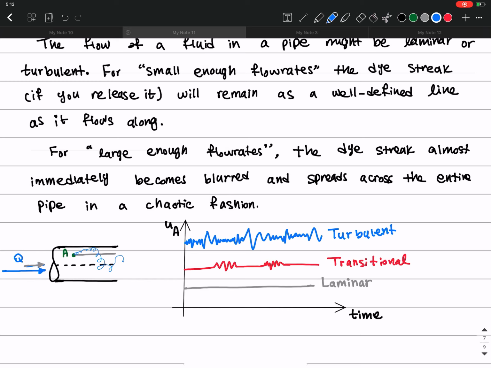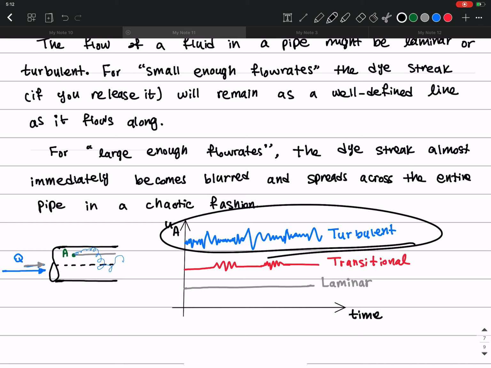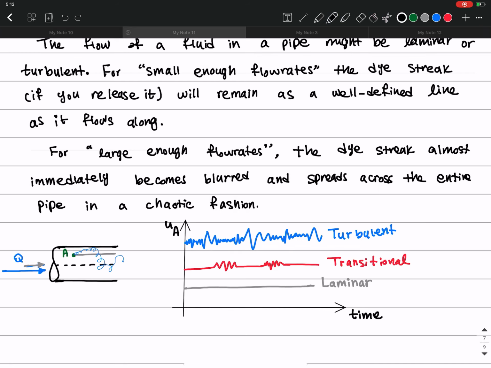And now what I want to do next is find the pressure drop in a pipe flow for different regimes. First, I will look at laminar flow, which is a simpler case, and then we will look at the turbulent flow. But as you see, the turbulent flow is very complex, it's very chaotic. We don't have any analytical solution for that.